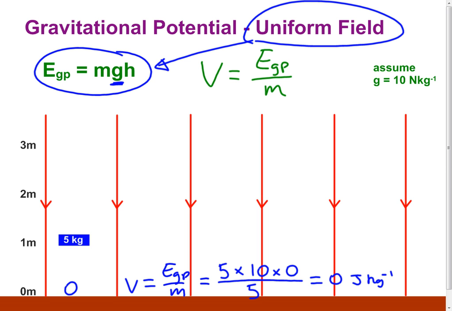Simples. Alright, I've now lifted it up a metre. What's the potential in this field at this point here? Well, the potential is the gravitational potential energy per unit mass.